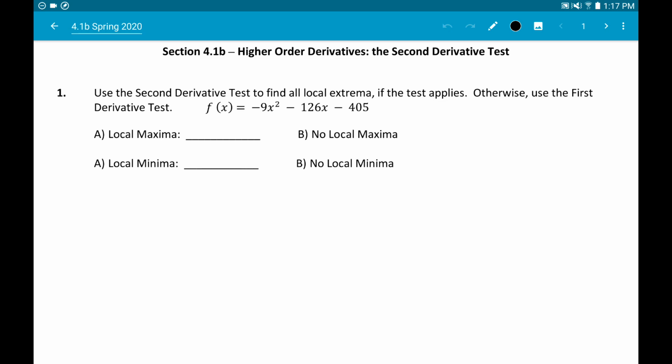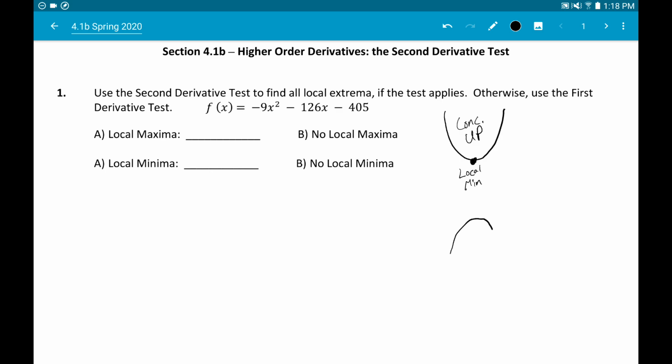So for example, if something's concave up, a shape like that, then you're going to have a low point here, a local min. So this again is concave up.